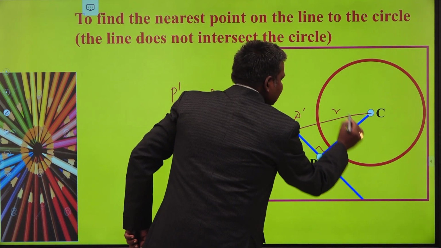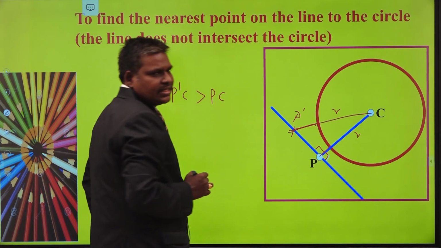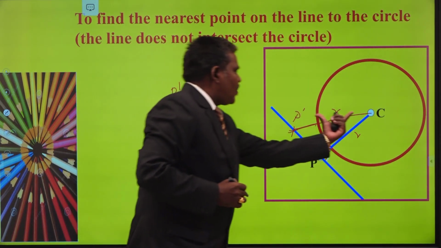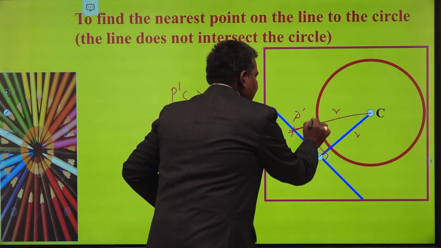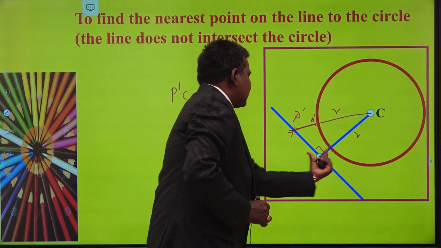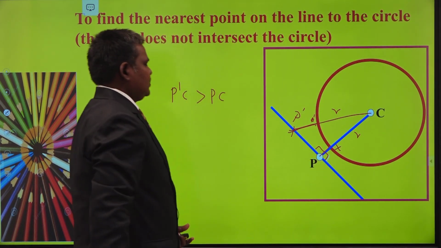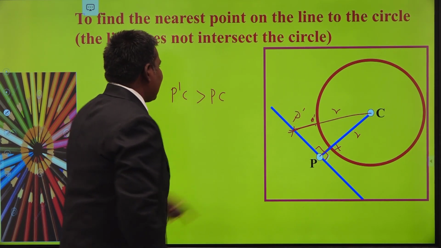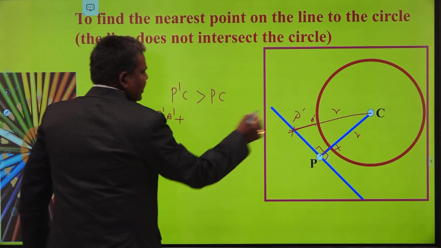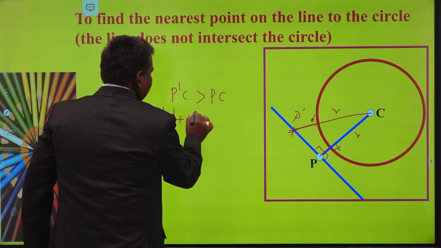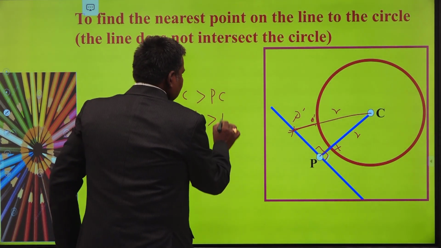Clearly, my dear students, this is R, this is also R. So this distance is farther than the other distance. If you remove R from these two sides, this is the distance. Suppose P dash A dash is this, and this is Px. P dash A dash is more than Px, because P dash C can be written as P dash A dash plus A dash C, which is greater than Px plus Xc.